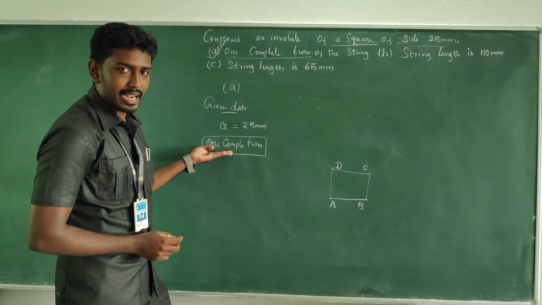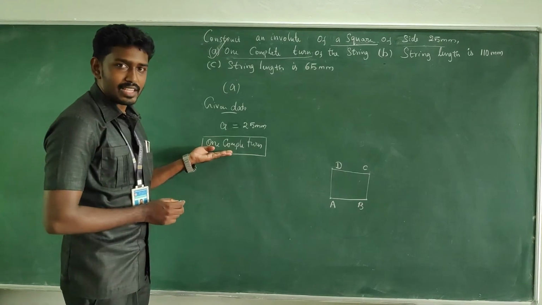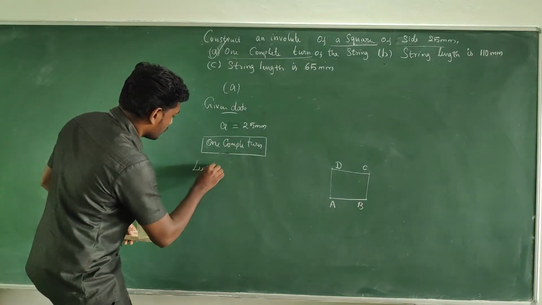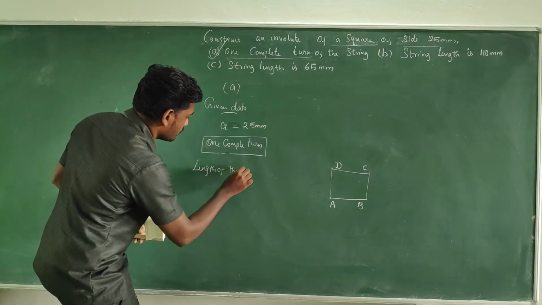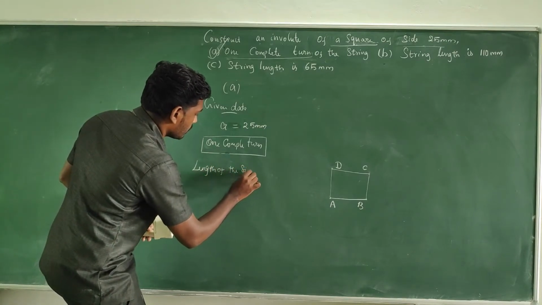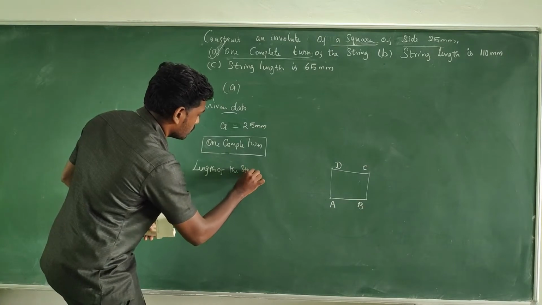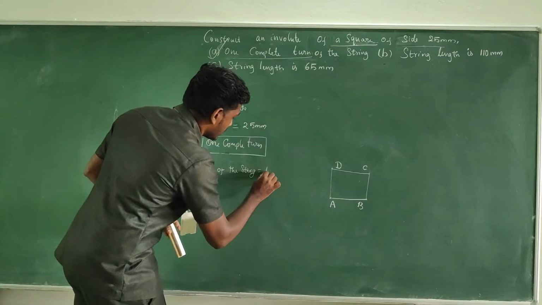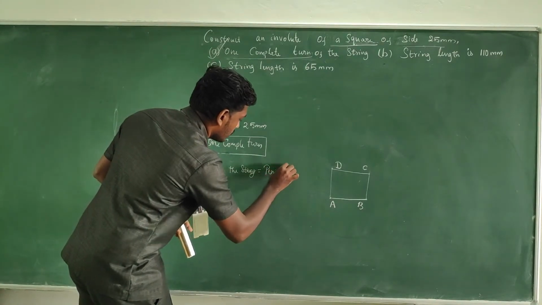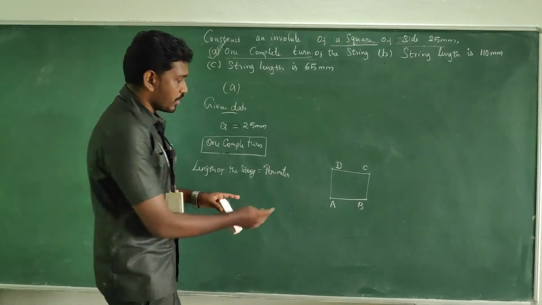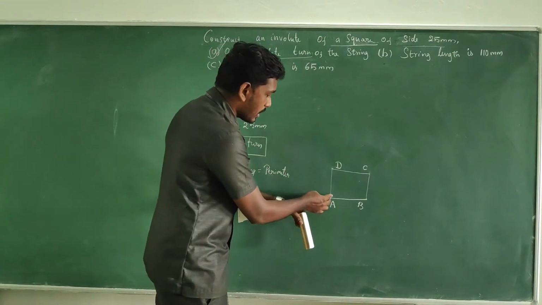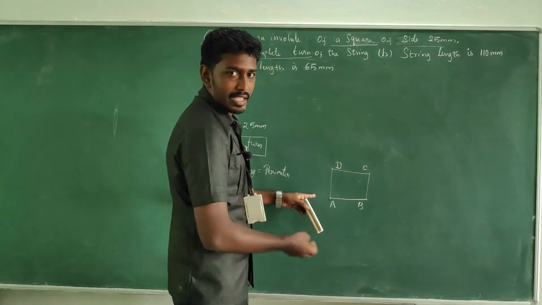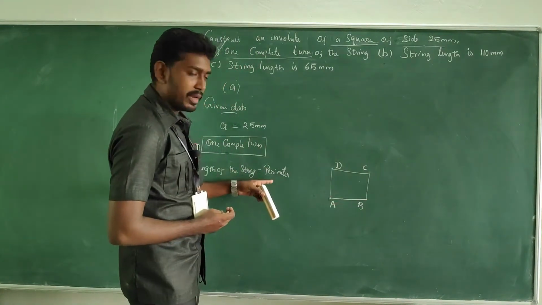And in order to find the trace, it is given for one complete turn. One complete turn means the length of the string is equal to the perimeter of the square. If you cut at one end of your polygon and stretch it out, that is the length of the perimeter.